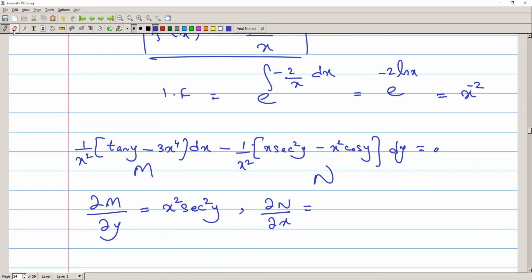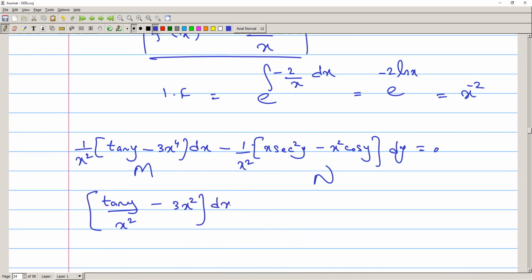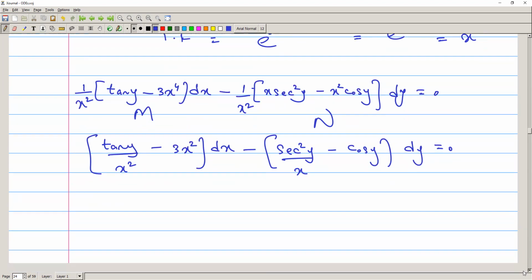Now first of all, let's make some simplifications in the equation to make it easier, otherwise it will create some confusion. Therefore, write it this way: tangent y over x squared minus 3x squared dx minus sec squared y over x, and then minus cosine y dy. Now it's fine.